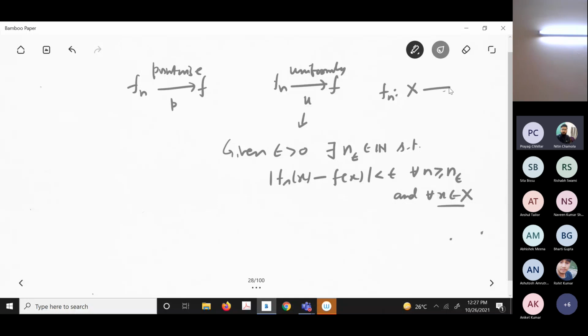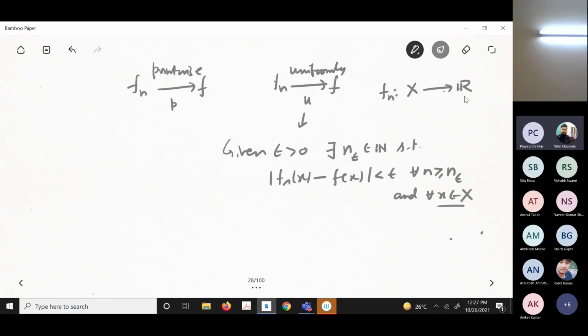Look, I do not need any metric and topology right now. Only if we consider continuity, then I need it. But right now I am just giving the definition. I don't need any topology on X or topology on Y, for the definition of pointwise and uniform convergence.